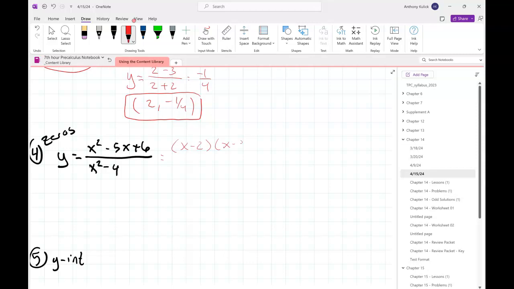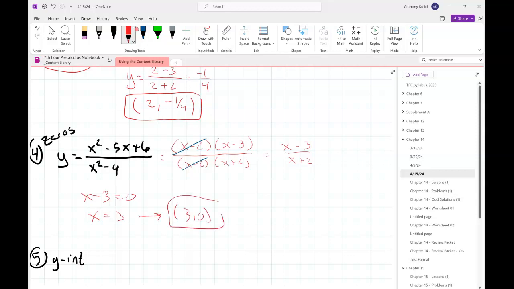So again, yes, we have to factor it first. See if there's any reducing. We know there is because we did this problem earlier. So I'm just going to take that reduced numerator, set equal to 0, and I'm done.